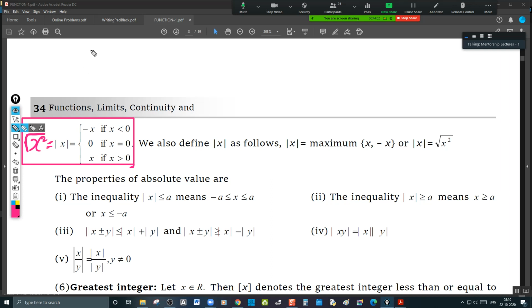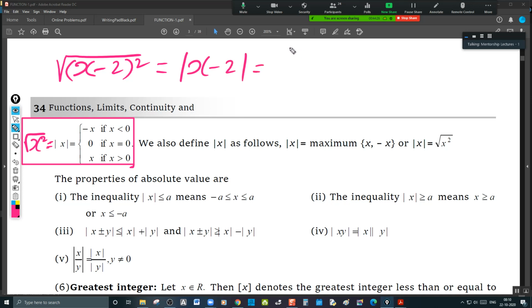For example, if you get a quantity under the root like this, x minus 2 whole square, you may be writing it as x minus 2 or plus or minus x minus 2. Instead, you must write it like this, and after that you have to split it like this.